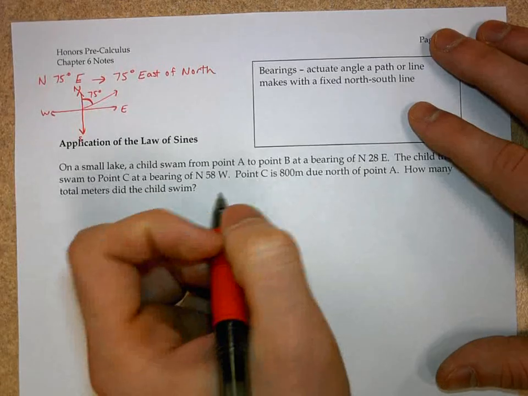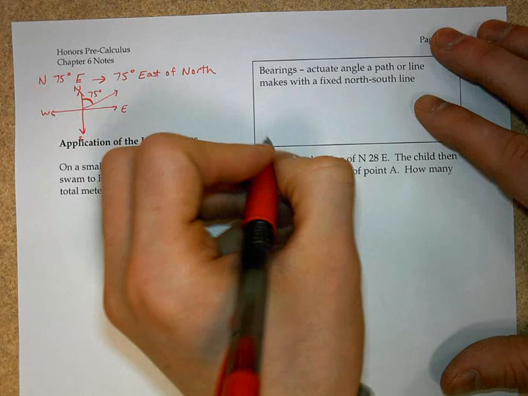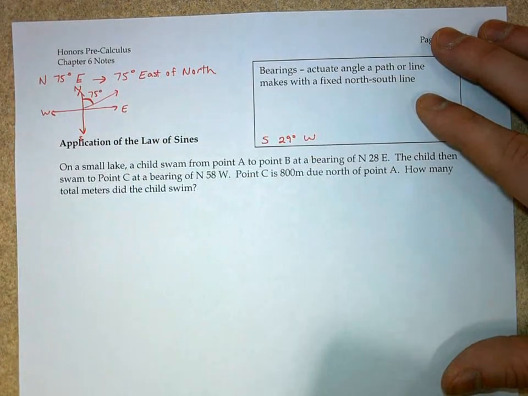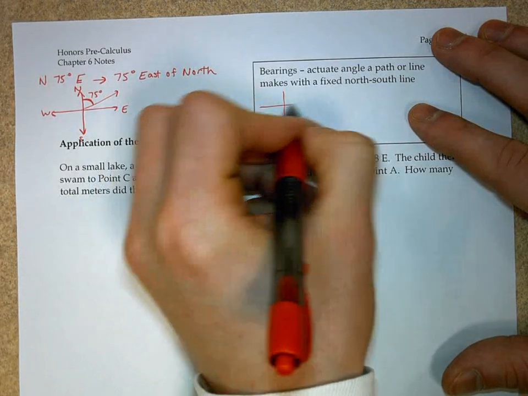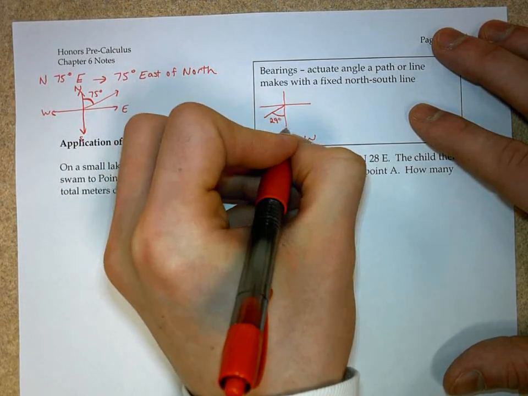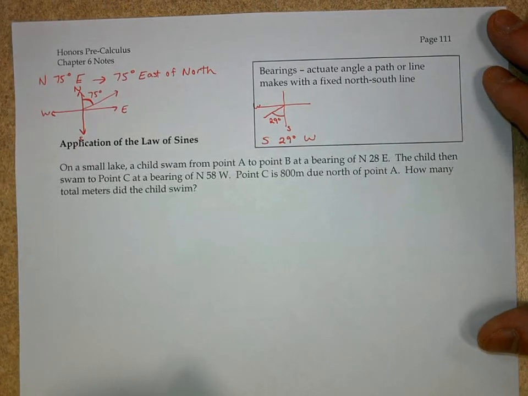I could go west of south. So in this situation, let's say I wanted 29 degrees west of south. If I were to do that, I would be going here, 29 degrees west of south.